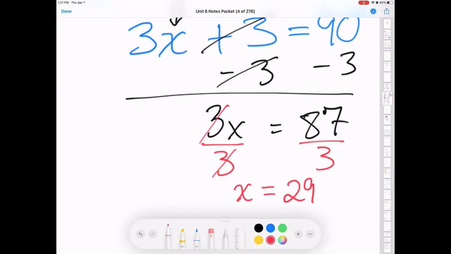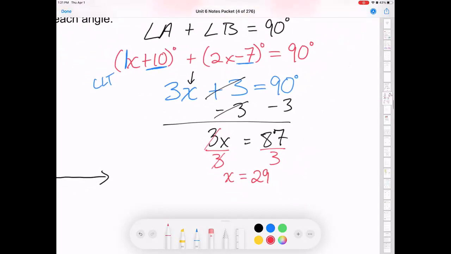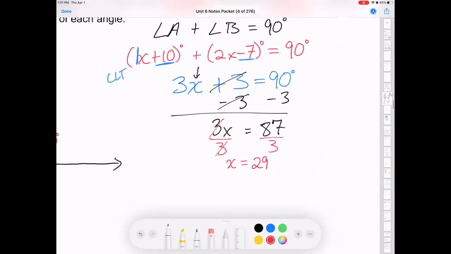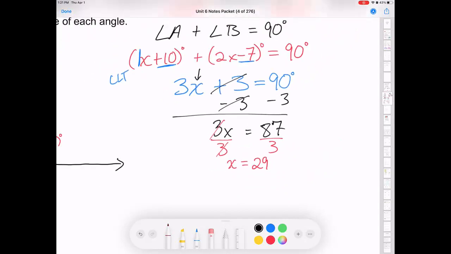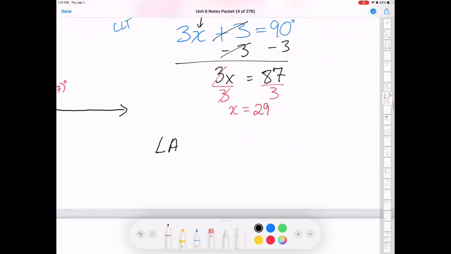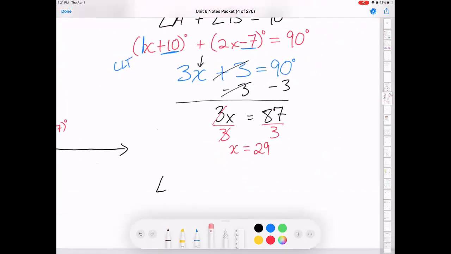Now we have to figure out what our two angles are. Again, from earlier, angle A is x plus 10 degrees, and angle B was 2x minus 7 degrees.